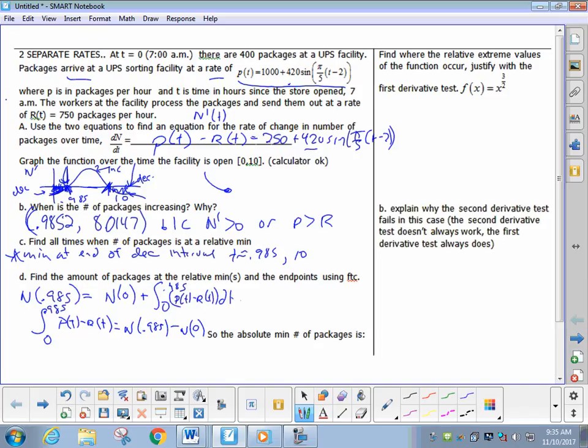So if I throw that into my calculator, starting amount plus change, what was the starting amount? 400 plus the integral.